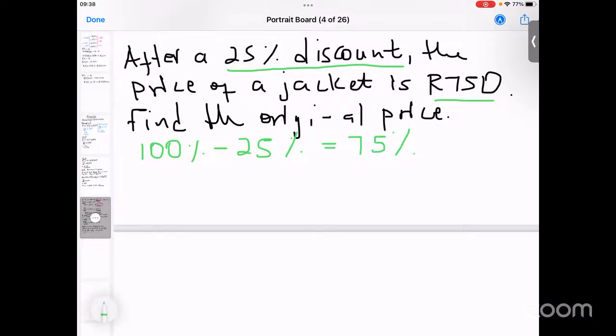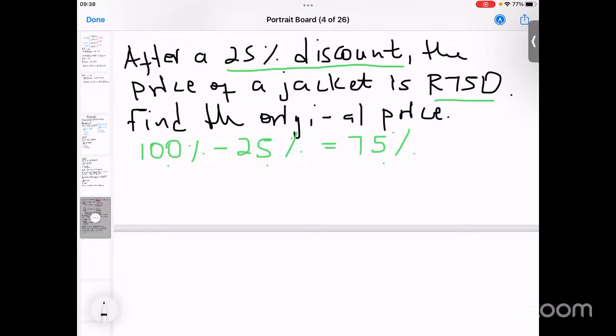After you say 100% minus 25%, you remain with that. It shouldn't be that complicated.